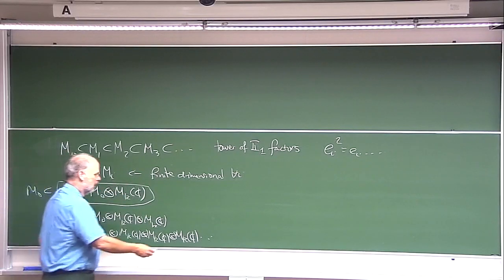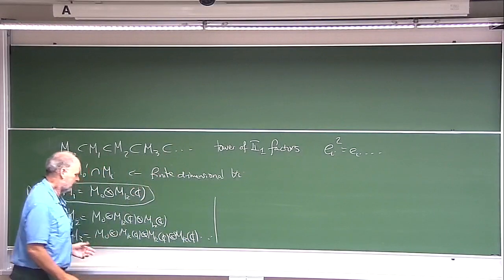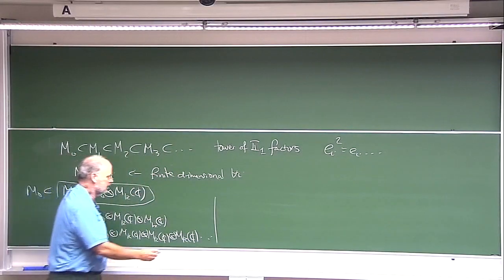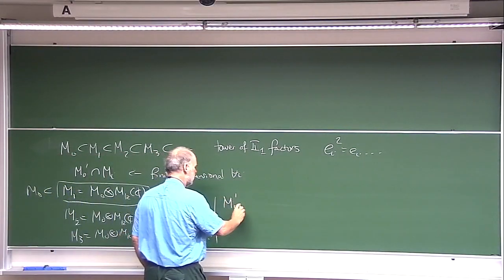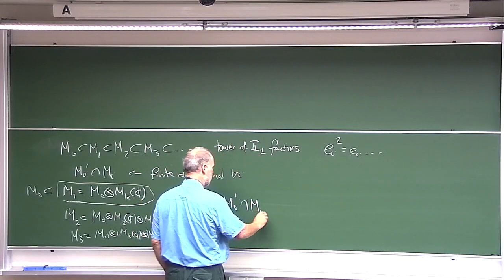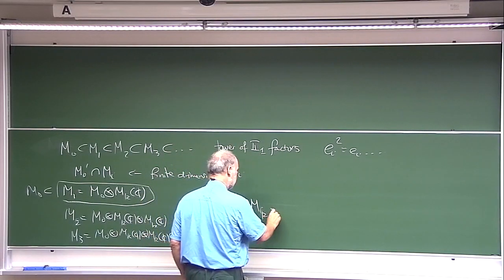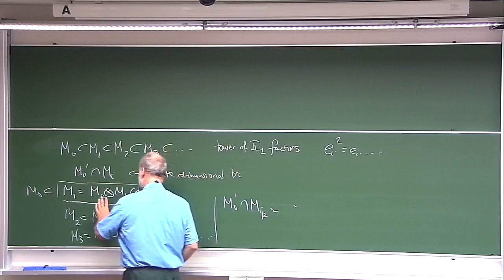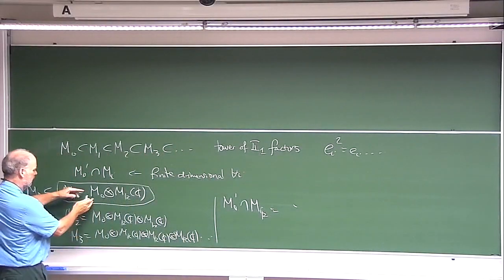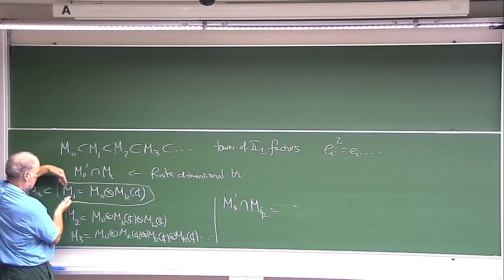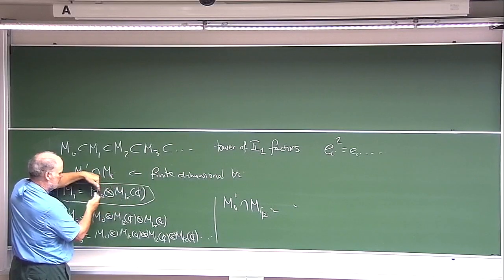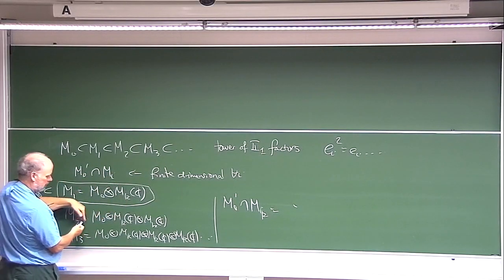All right, so having established that, then it's very easy to calculate M0 prime intersect Mi, or M little k, say. This is nothing but, since M0 is a factor, the centralizer of M0 and M1 is just the k by k matrices. Obvious, and so on.